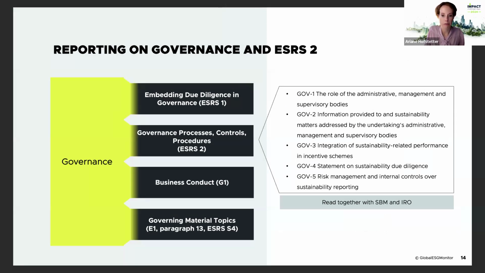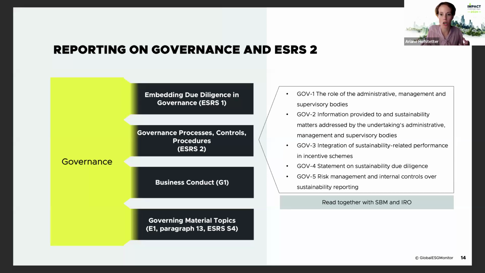So here you have 5 GOV aspects which are important and which have to be read together with the so-called SBM and IRO. SBM is strategy and business model, and IRO is impacts, risks, and opportunities. Impacts for the impact perspective of double materiality, and risks and opportunities for the financial materiality side.